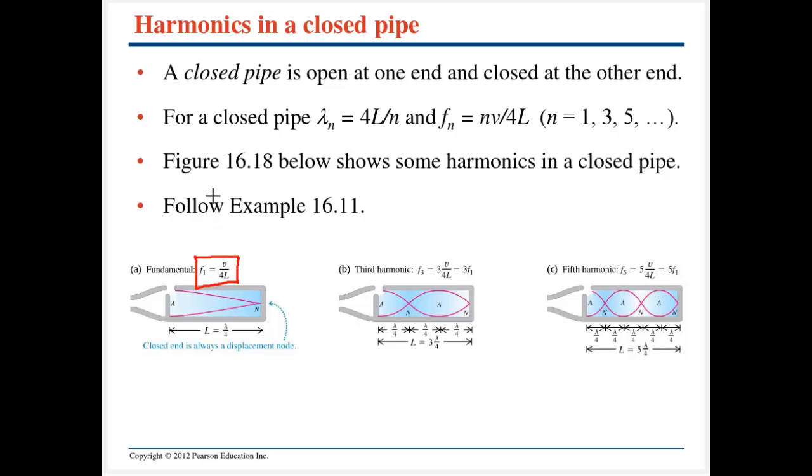The interesting thing about a closed pipe versus an open pipe is being forced to have an antinode here and a node here. When we start to look at the next harmonic that we can possibly fit into the tube, it's going to have an antinode there. By necessity, it must have a node there, by the boundary conditions.